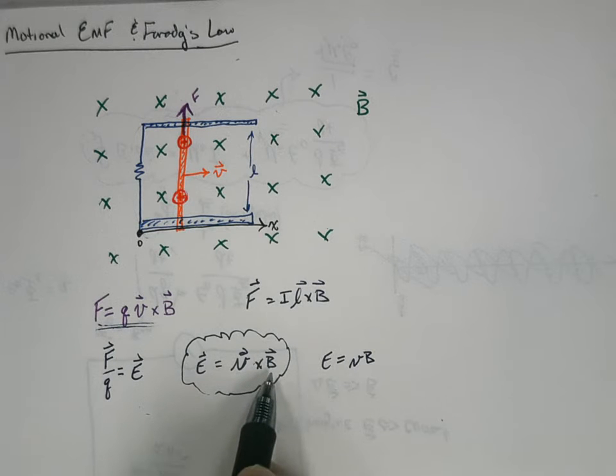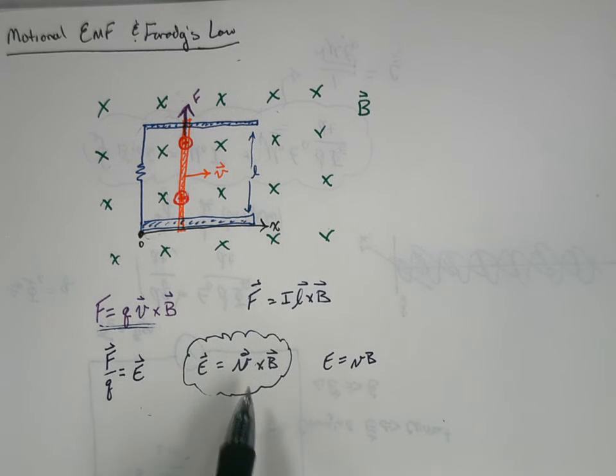We have a changing magnetic field. This is a bit of an oversimplified version of Faraday's law, but this is one of the most profound ideas in all of electricity and magnetism: that our electric field and our magnetic field are inextricably related to each other. And it took a long time to get these two ideas.